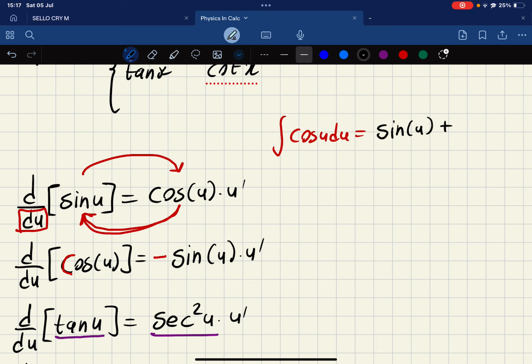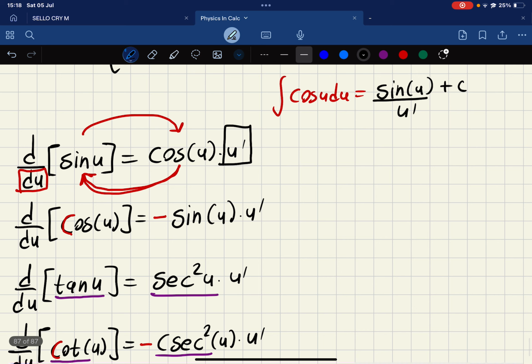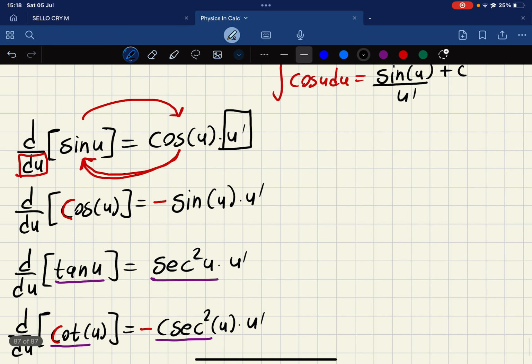Then you say plus c. Remember when we were deriving, we were multiplying by u prime. So instead of multiplying by u prime, we are going to divide by u prime like this. So let's go to sine u. So the integral of sine u.